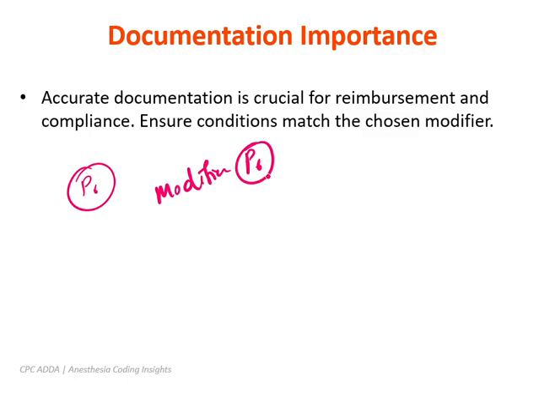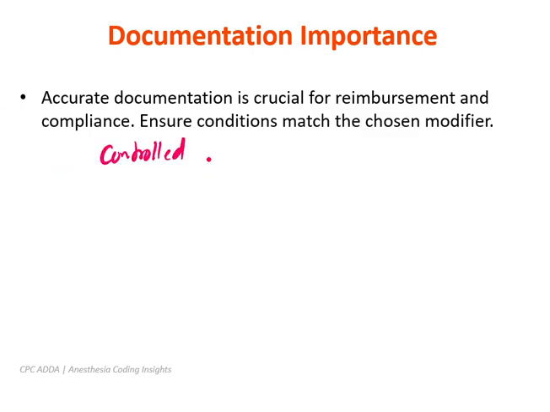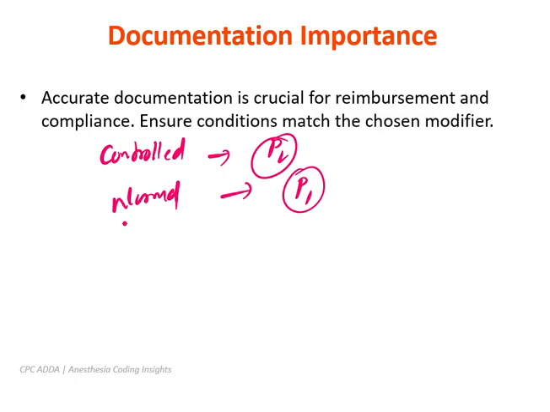You can see some other examples as well. For example, a patient having controlled hypertension. What will it be? Controlled hypertension. When I say it is controlled, then it is under control, modifier P2, right? Normal healthy patient, modifier P1. If it is a mild systemic disease, it is modifier P2.